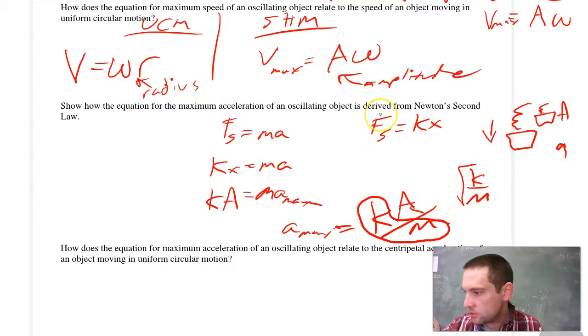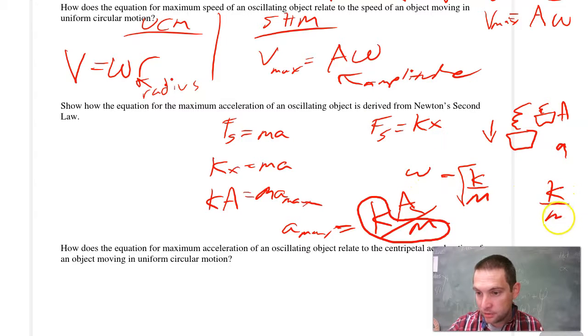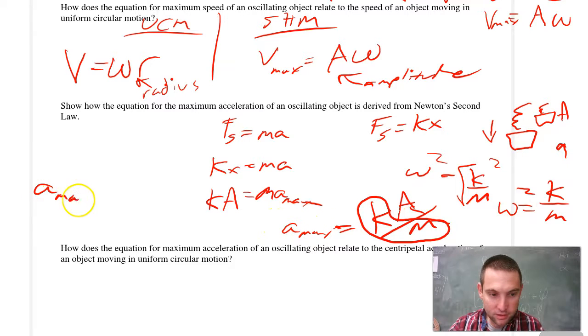So if it doesn't have that square root, then it must have been squared, right? So if I square both sides of omega equals the square root of k over m, that gets rid of the square root. That must mean k over m equals omega squared. So our equation becomes a max equals A times omega squared.